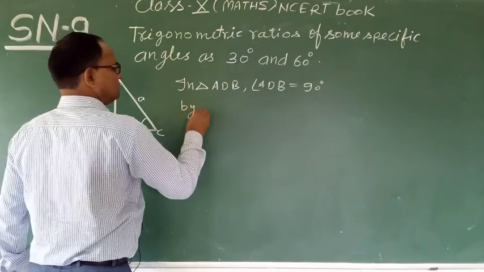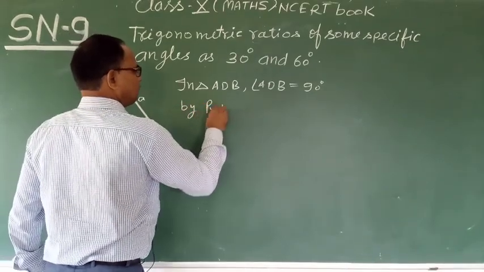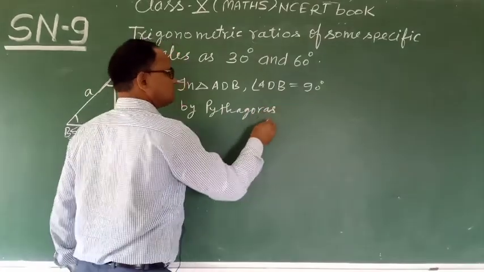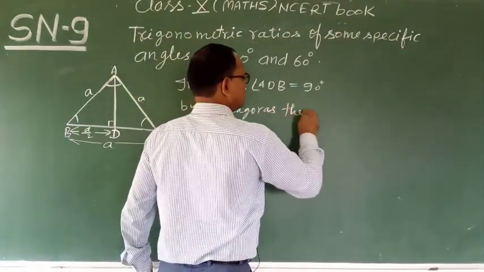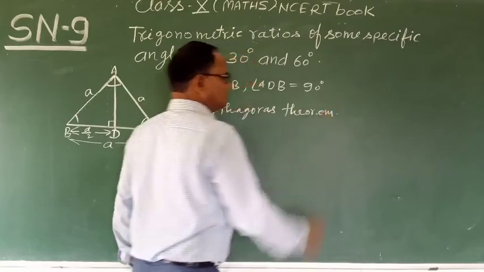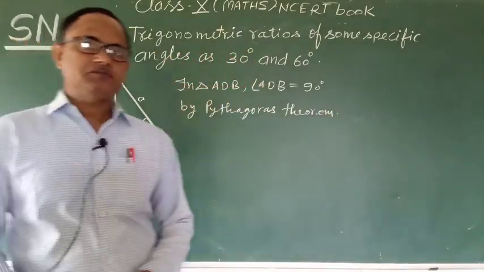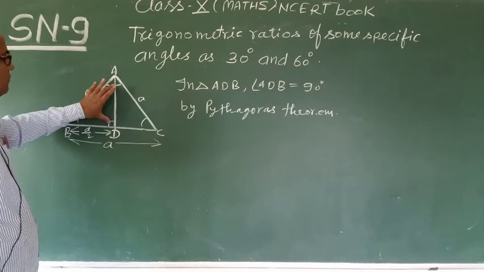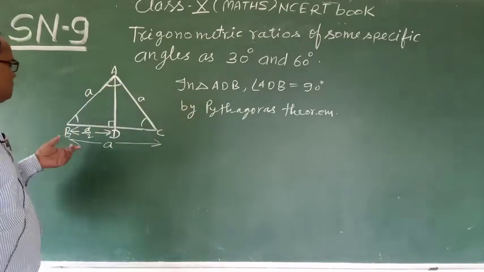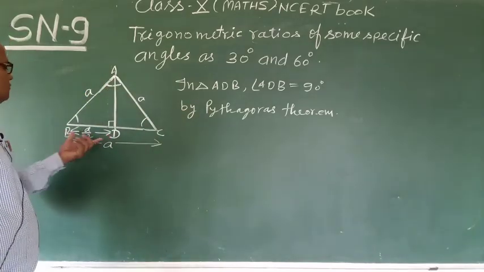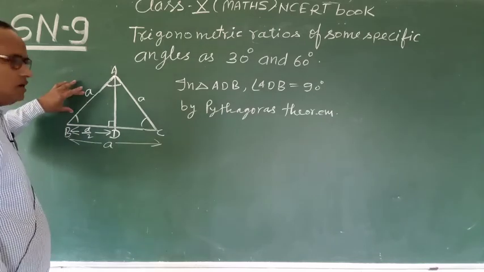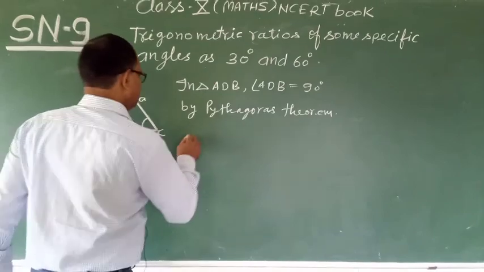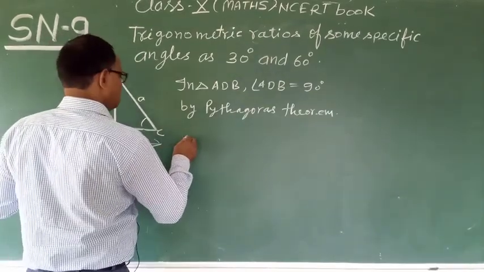Then by Pythagoras theorem. Okay students, we determine the value of AD by Pythagoras theorem because two sides, BD and AB, are given.